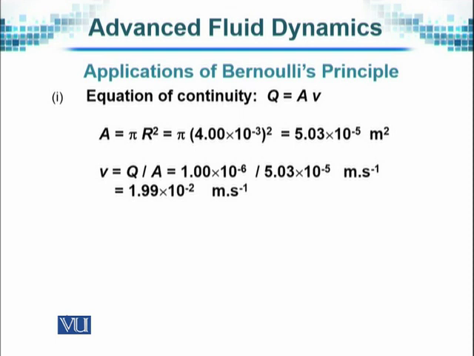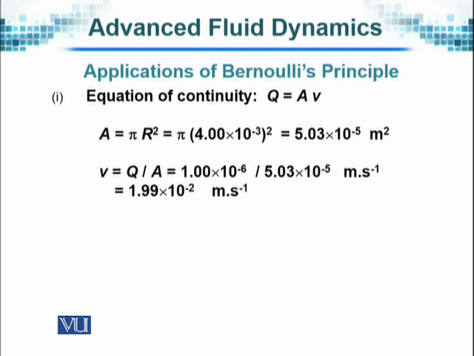Since it is circular, the cross-sectional area will be pi r squared. So when we want to calculate how much fluid is flowing, we substitute in the quantity Q equals A times V, where A is pi r squared.